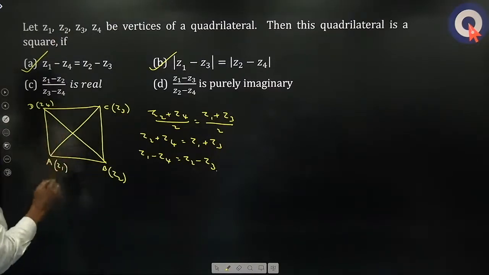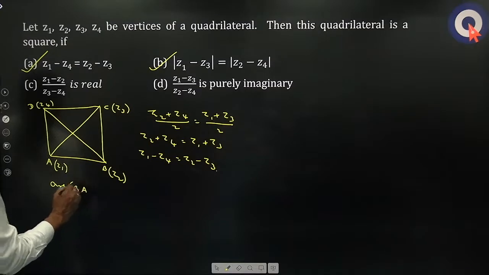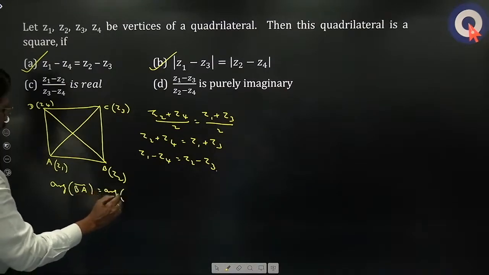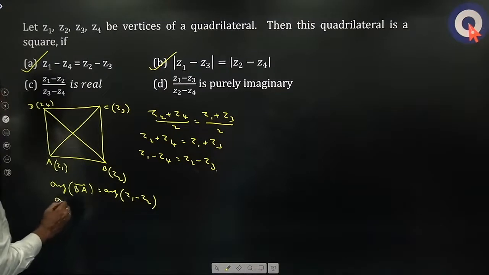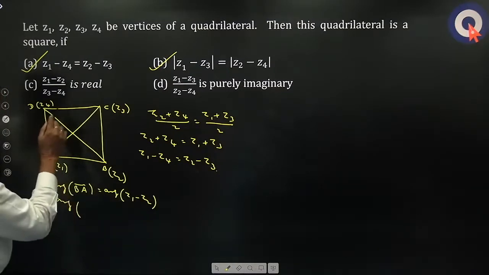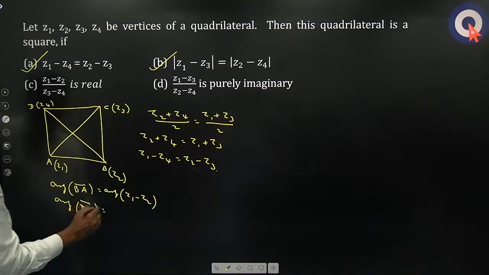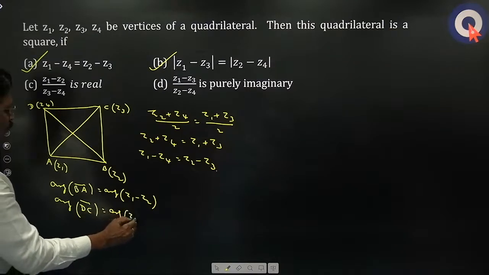Argument of AB or BA, argument of BA is what? It is argument of Z1 minus Z2. Next, argument of DC is argument of Z3 minus Z4.